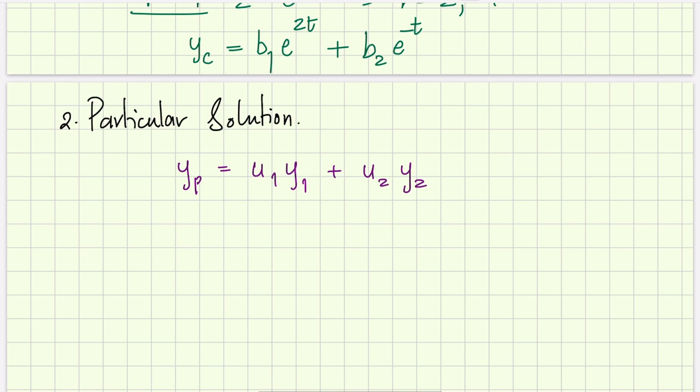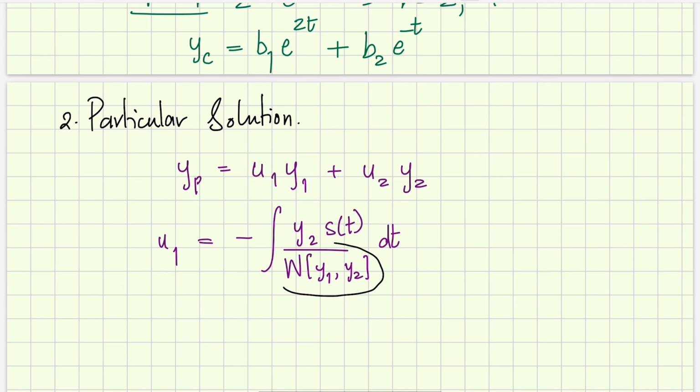So we want to find our u1 and u2. So our formula for u1 was negative integral y2 s of t all over the Wronskian of y1 and y2 dt. Now this has the Wronskian right here, which we don't know.